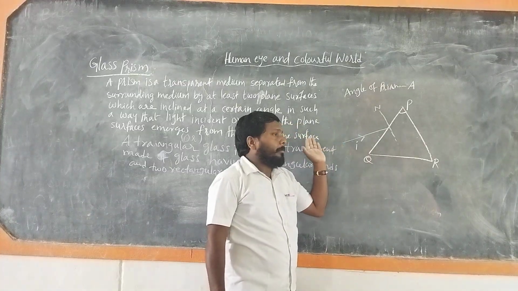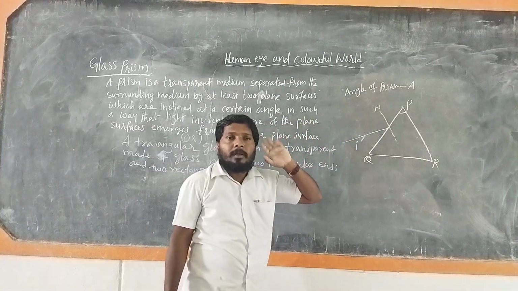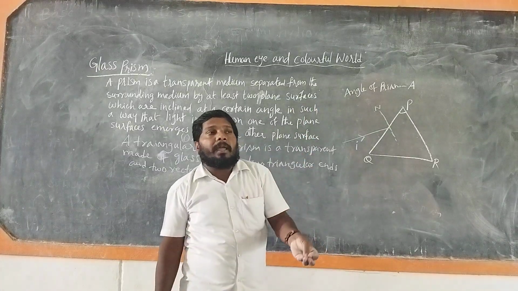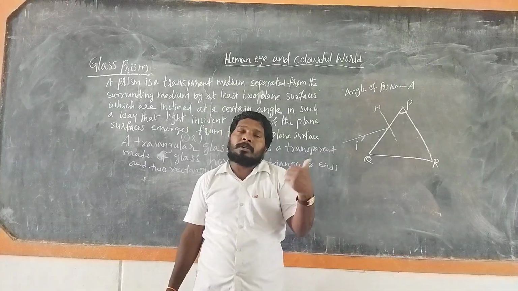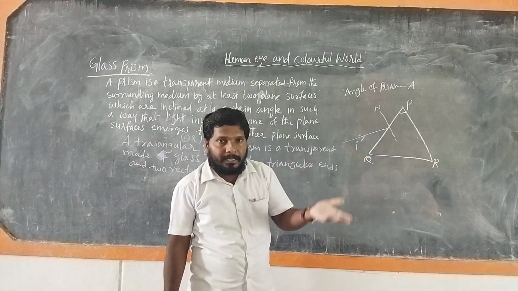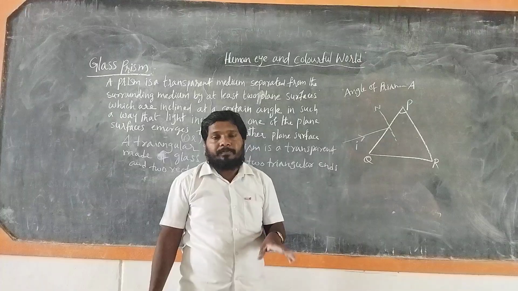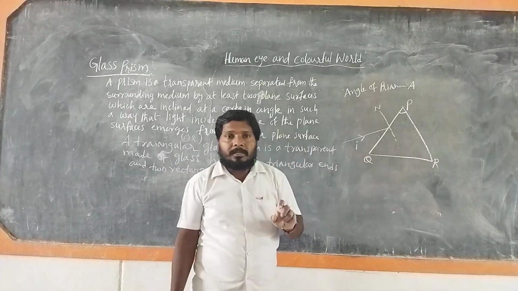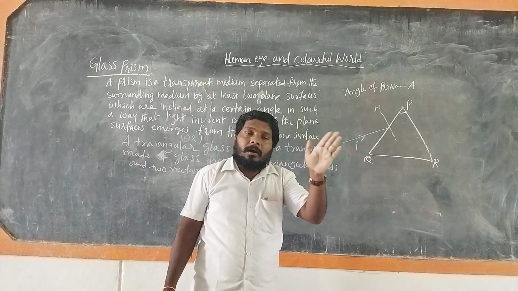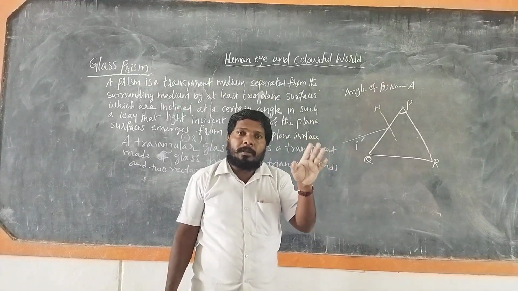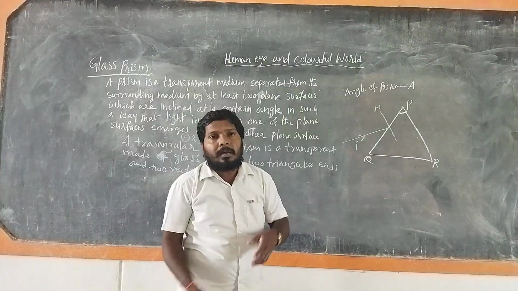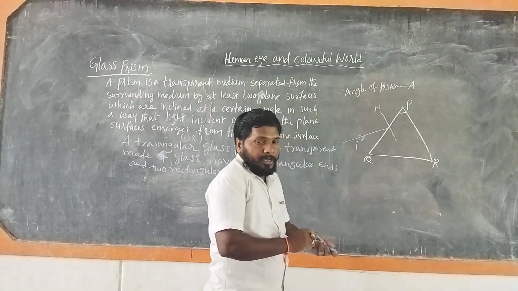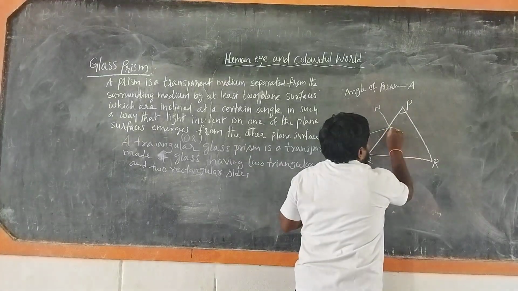The light passes from one medium to another medium and deviates from its original direction; we call this refraction. When light passes from a rarer medium to a denser medium, it bends towards the normal. So the light ray moves like this.